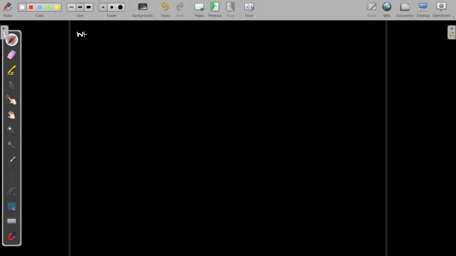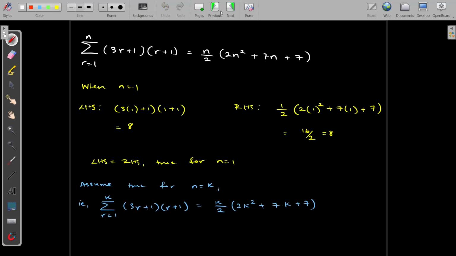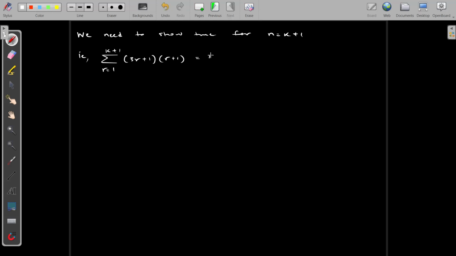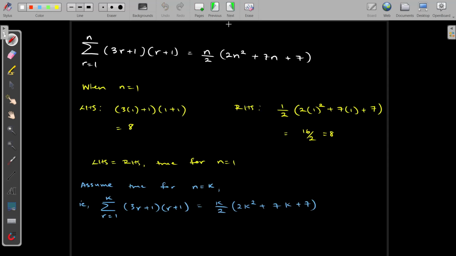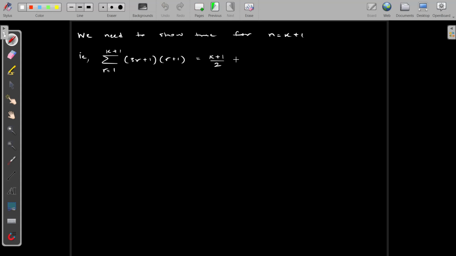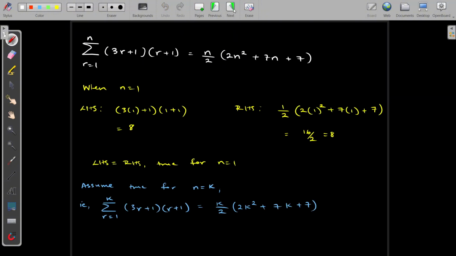So next we need to show true for n equals k plus 1. That is, so that's k plus 1 over 2, 7k plus 7.